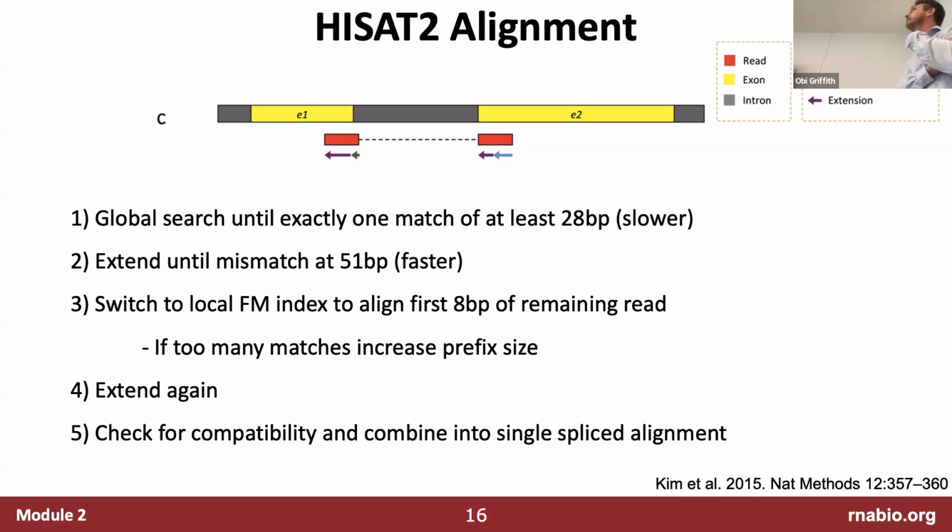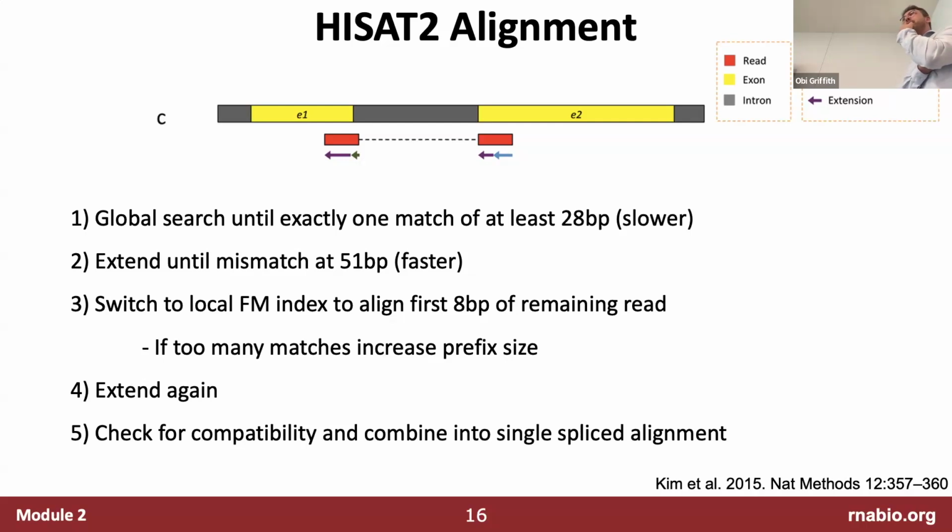I forget exactly the details of how it handled that situation. It either moves the 28 base pair starting point that it's looking for down, or, yeah, I'll have to check to see the correct answer, but it has some logic to handle that situation.